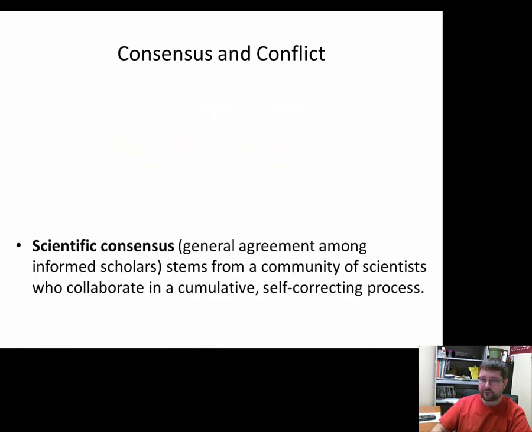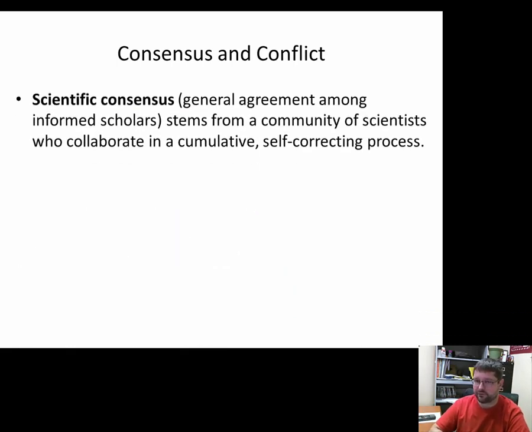Consensus and conflict. Scientific consensus is really when the majority of the scientists agree about a certain finding, or about a certain theory, or a certain explanation for a natural phenomenon. And the great thing about the scientific community is they do this from the perspective of primary literature.